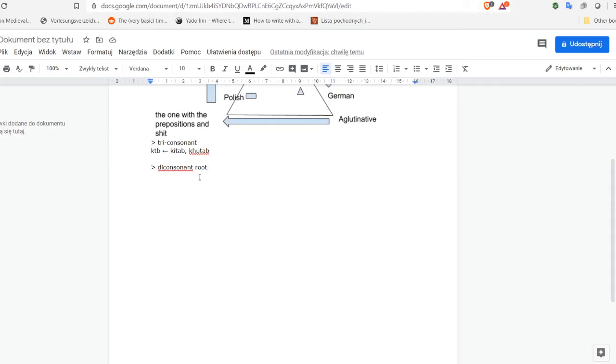Another thing that's interesting about both 3-consonant and 2-consonant root systems is that sometimes you can use clusters and classify them as roots for grammatical purposes. For example, let's say you have GT. This is obviously not a single letter. This is G and T, and you can pronounce it as GT.